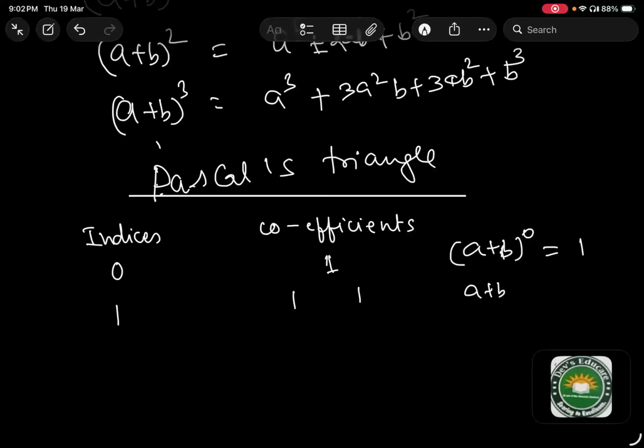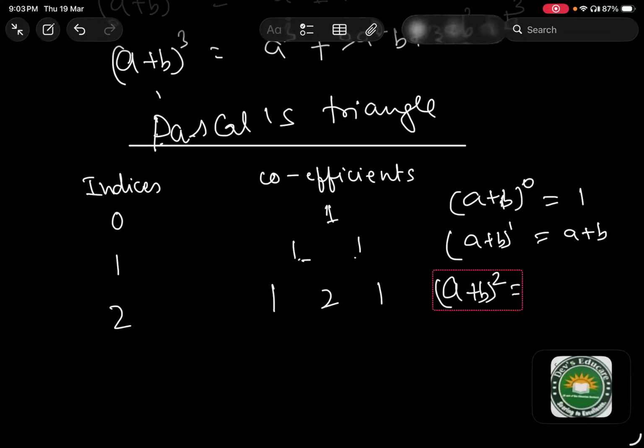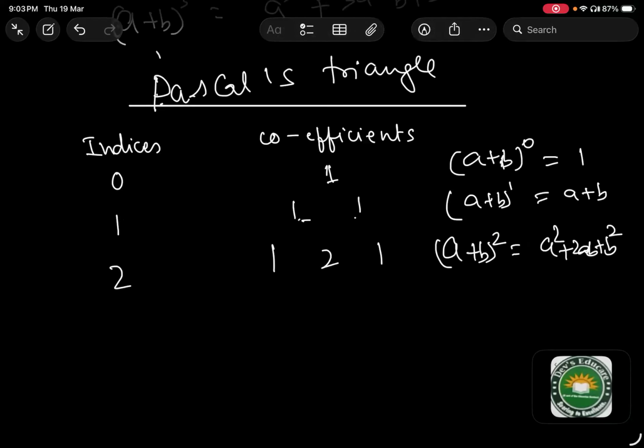A plus b has coefficient 1 and 1. And if the power is 2, then it will be 1 and add these two, 1 plus 1, 2 and 1. So for a plus b whole square, the coefficient is a square plus 2ab plus b square, this way.